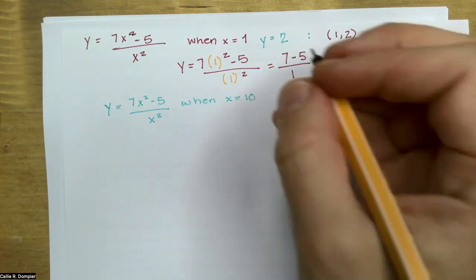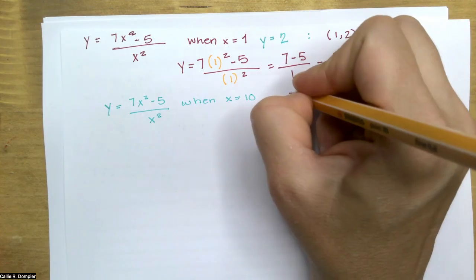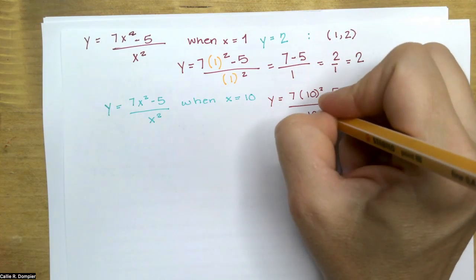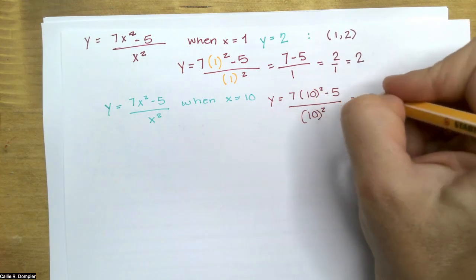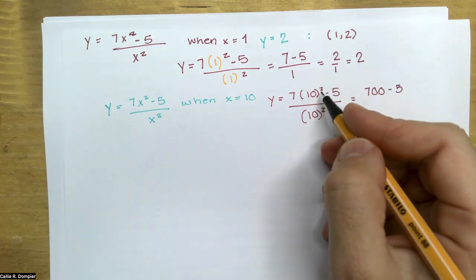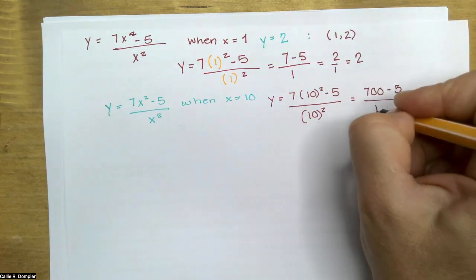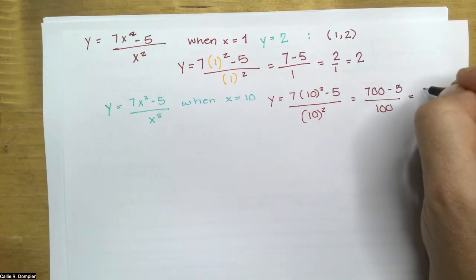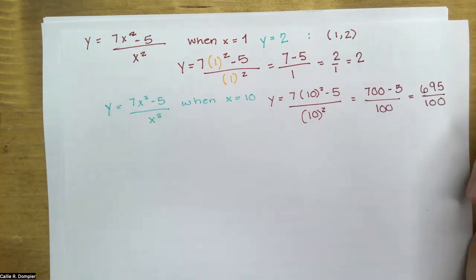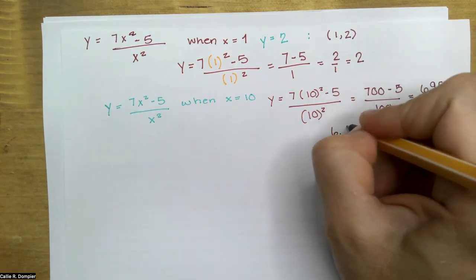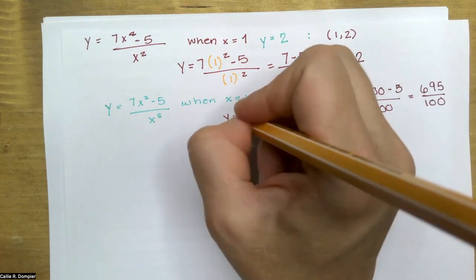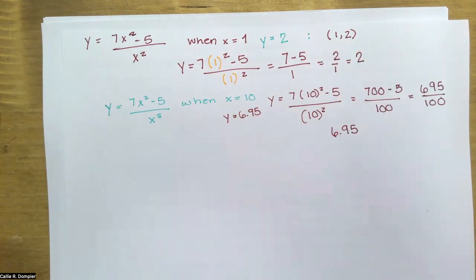That's 7 times 10 squared minus 5 over 10 squared. 10 squared is 100, times 7 is 700, minus 5, over 100. That is 695 over 100, which translates to 6.95. When x is equal to 10, y is equal to 6.95.